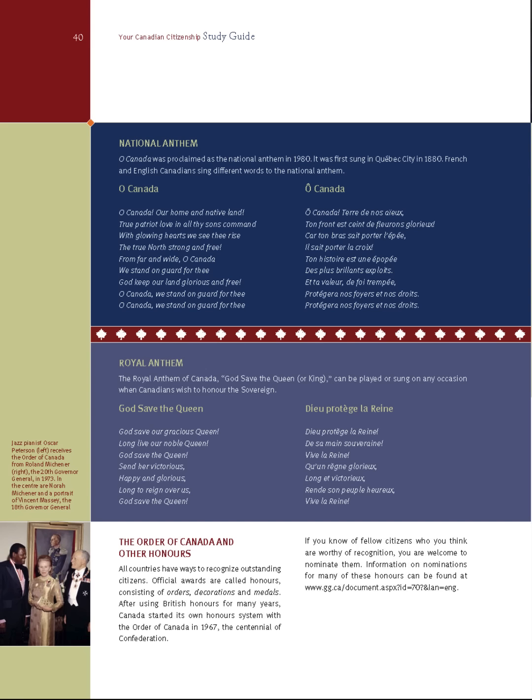O Canada, our home and native land, true patriot love in all thy sons command. With glowing hearts we see thee rise, the true north strong and free. From far and wide, O Canada, we stand on guard for thee.